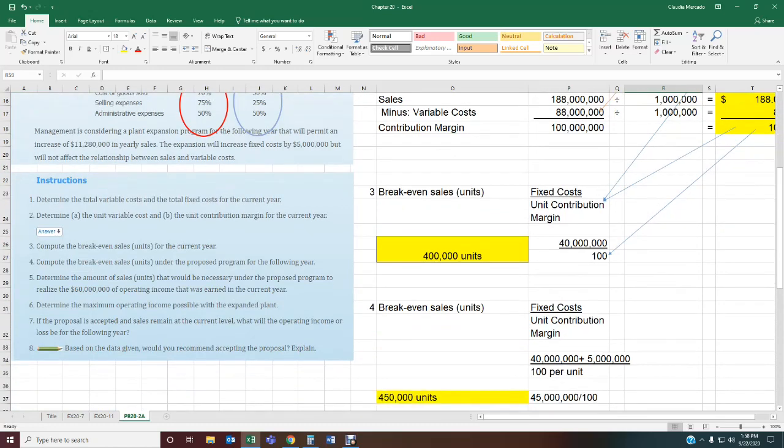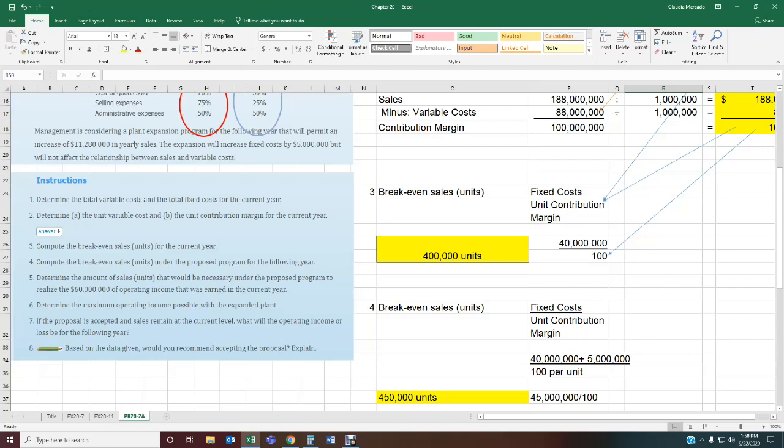Okay. Number 7. If the proposal is accepted and sales remain the same at the current level, what will the operating income or loss be for the following year? So they're asking us to do the expansion, but we still only sold at the current level.